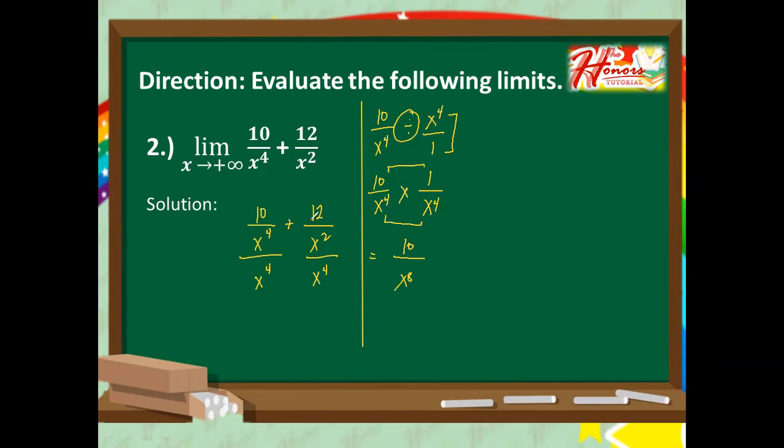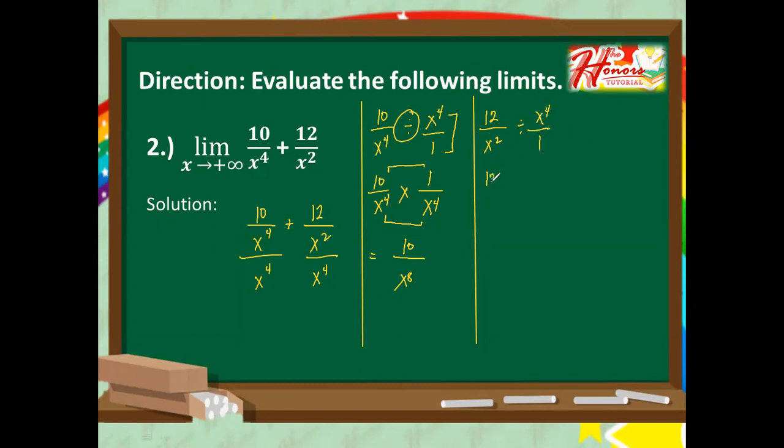Same process for 12 over x squared, over x raised to 4. Let's solve for it. 12 over x squared divided by x raised to 4. Same process, please change x raised to 4 into a fraction. So just write over 1.